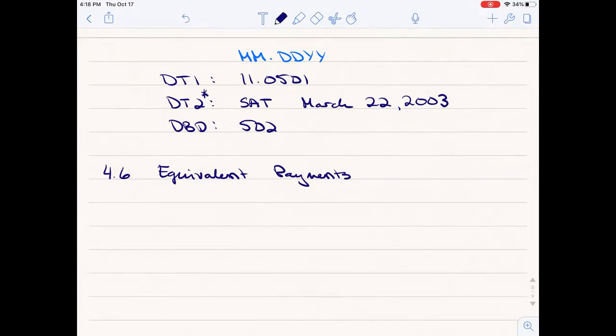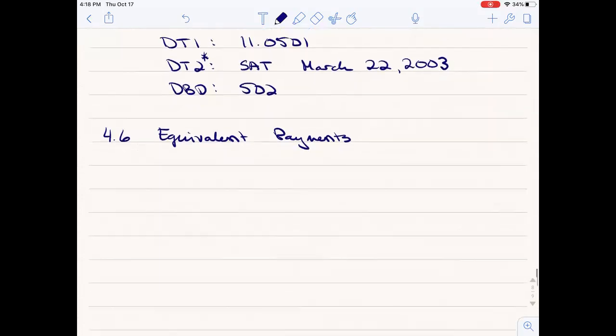We've already seen equivalent payments just briefly when we looked at that trip to Vegas, right? The $3,900 and the $39.95. What rate makes them equivalent, right? And so we'll talk more about different ways that we can handle equivalent payments.